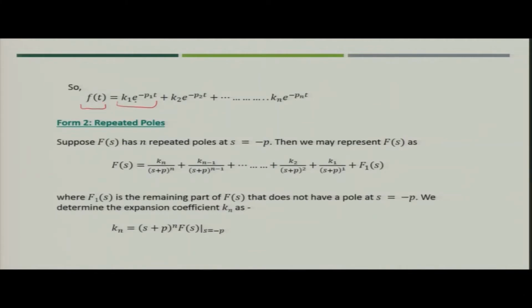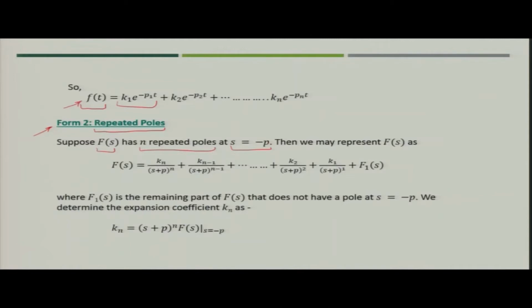That means the inverse Laplace transform of F(s) is f(t), which can be given by this expression. Now, the second case is when you have repeated poles. Suppose the Laplace transform F(s) has n repeated poles at s equals minus p.